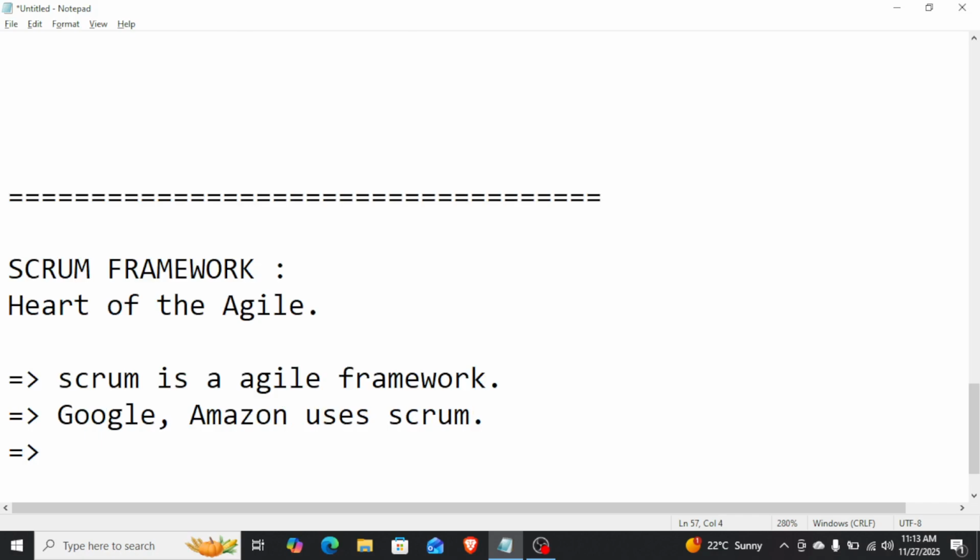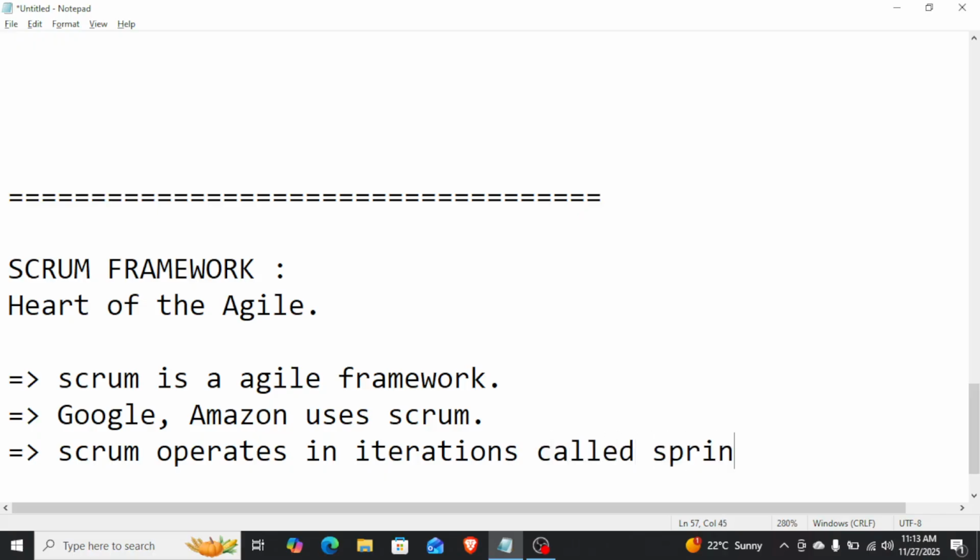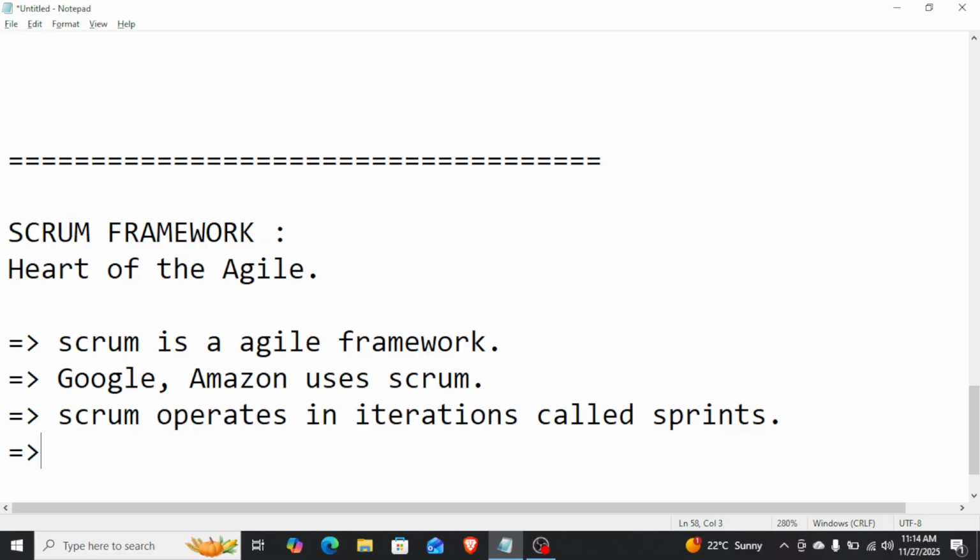And Scrum operates in iterations called sprints. Every sprint has a 2 week duration.